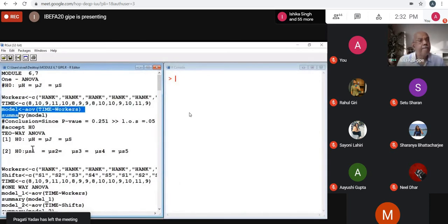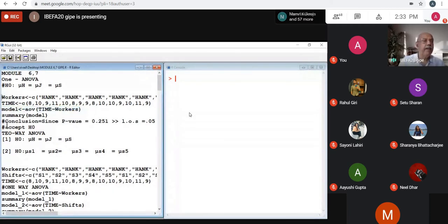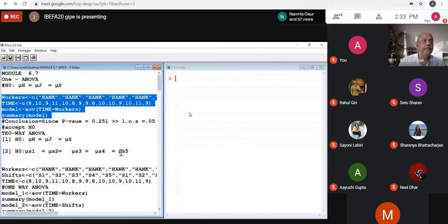Model, ANOVA, time versus workers. And summary. So the complete output will be ready.